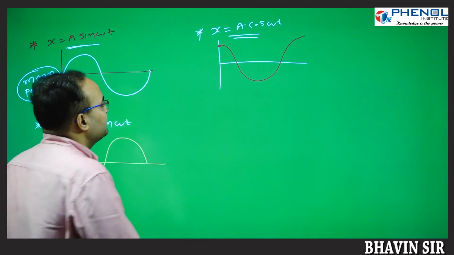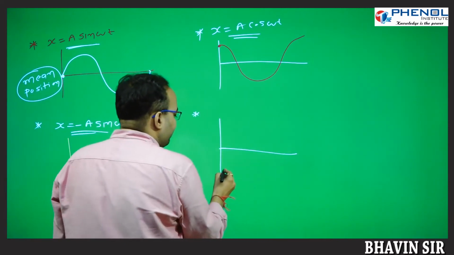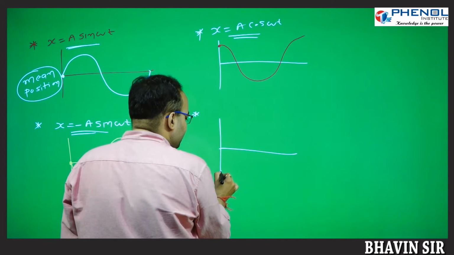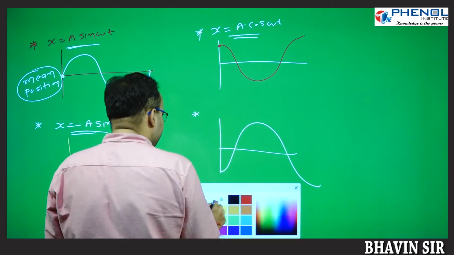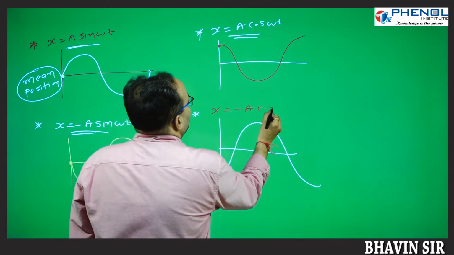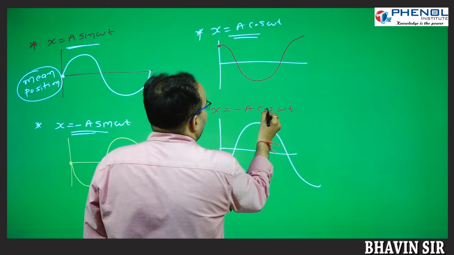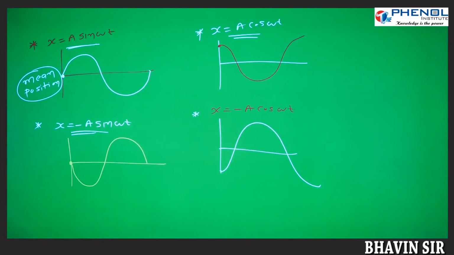Okay, so same, if oscillation starts from the extreme position and it is in the negative direction, then we consider x equal to minus a cos omega t. Okay, so these are the 4 possibilities, students.